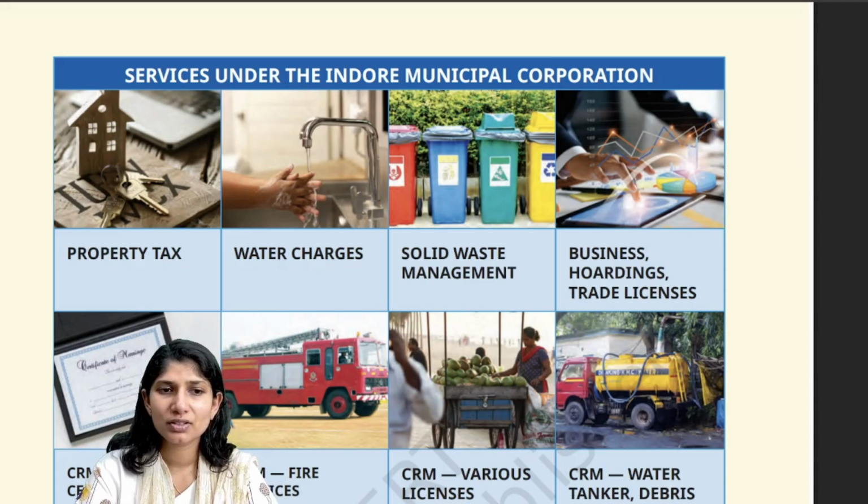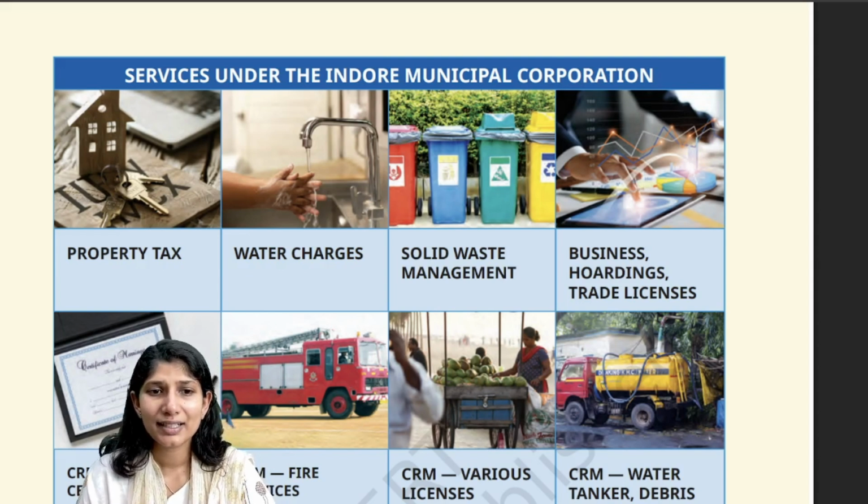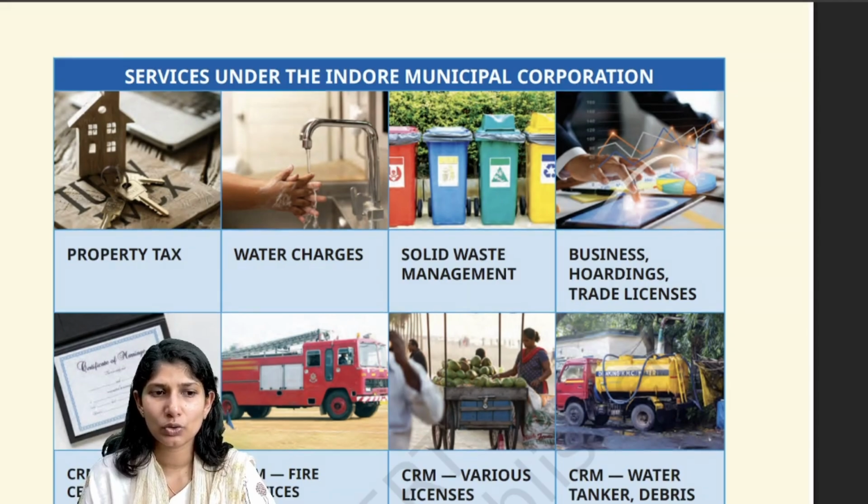So fire services have to be there, and licenses for various small businesses. Because a large number of people share small resources, judicious usage has to happen. Water is one such important thing. If you don't have adequate water, you have to call water tankers, and debris clearance also has to happen.